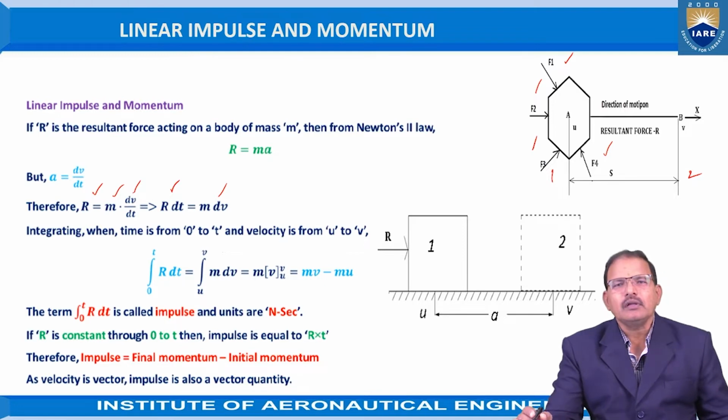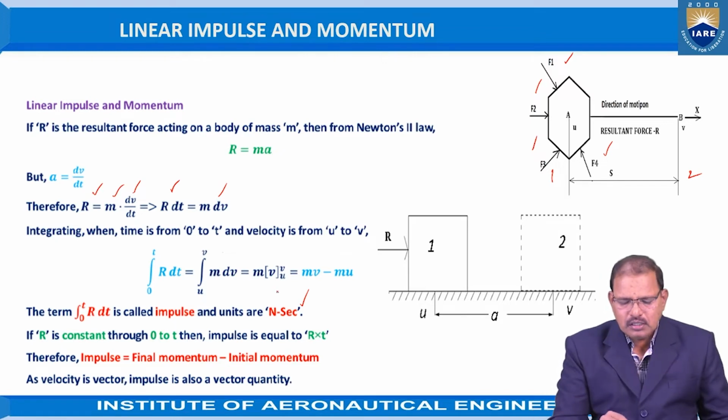The integral from 0 to t of R into dt is called impulse, that is force into time. Hence, its units are Newton seconds.